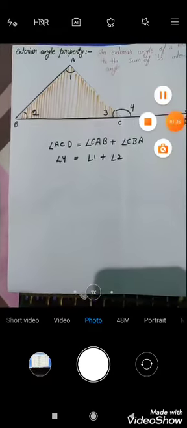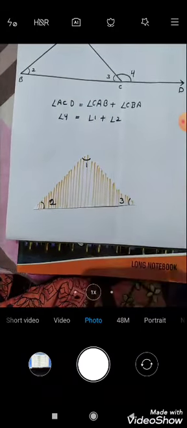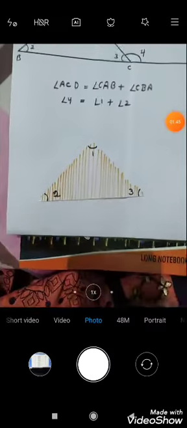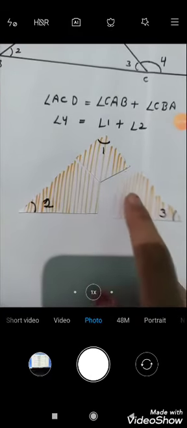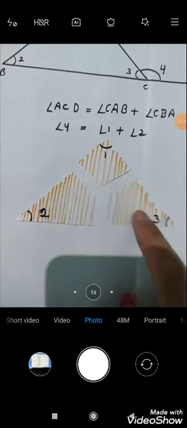Now we cut this triangle in this way so that we obtain its 3 angles separately. Here you can see the 3 angles of the triangle, and we cut it down into 3 parts.